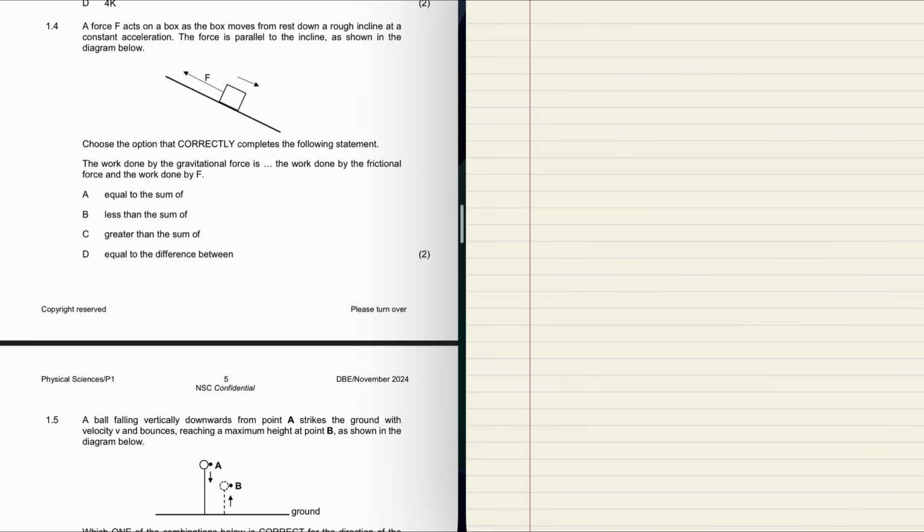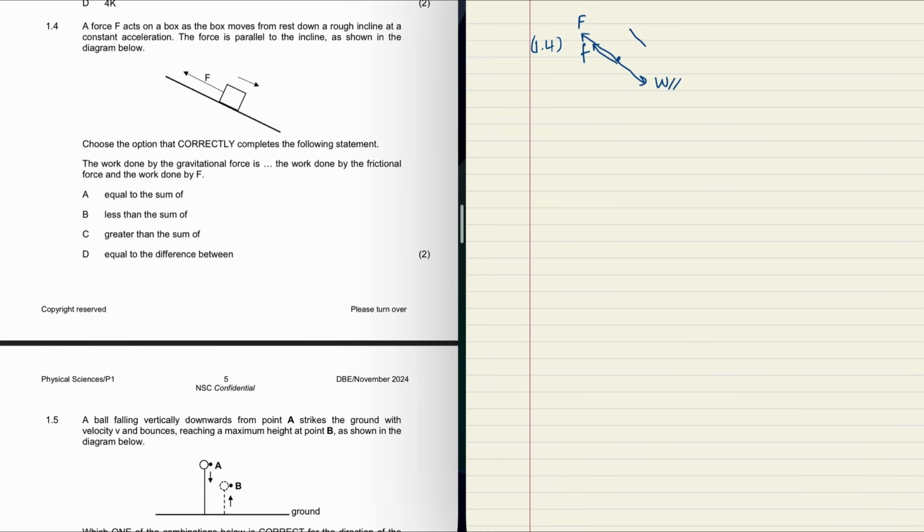Now I'm going to draw a free body diagram just to make it a bit easier to understand what's going on. So the forces that we are going to be interested in here are definitely going to be, well, the force applied. It's moving down, so friction is going to be up the slope. And there's going to be W parallel going down the slope.